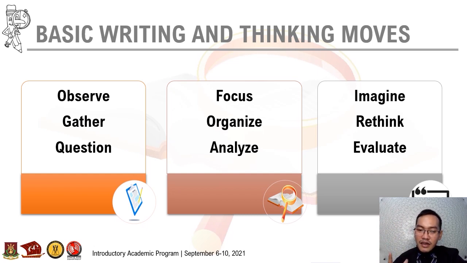So in imagining, you experiment, you invent, you design, di ba? You draw conclusions, make hypotheses, and then test the hypothesis. What else? You predict as well. And because you can predict, if you have enough information to use as basis. All right? So that is thinking beyond.